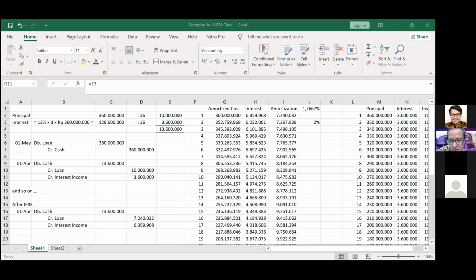If it's pass category, then the loan losses is 1%, special mention 5%, substandard 15%, doubtful 50%, loss 100%. Then they multiply this by the loan, they get the loan losses. The journal is loan losses and allowance for loan losses.